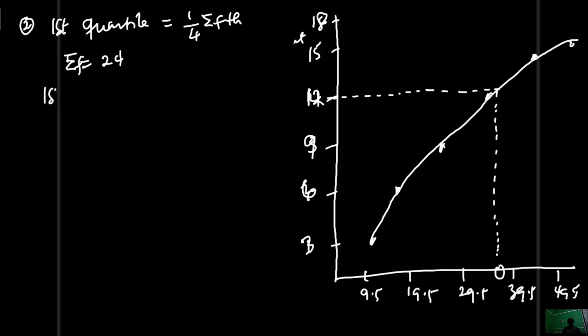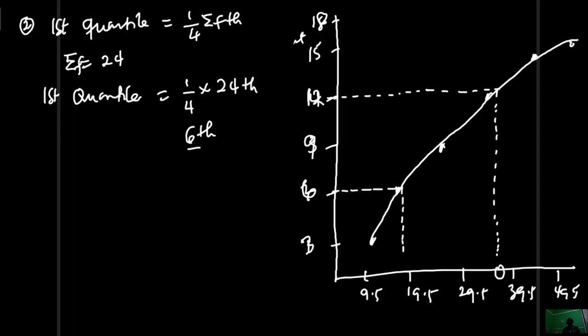So first quartile will be 1 over 4 times 24 position. So it will give us 24 divided by 4, which is 6 position. So on the graph, look for 6. Where is 6? 6 is here. You trace it to the graph that you have drawn back to our x-axis to locate our answer.